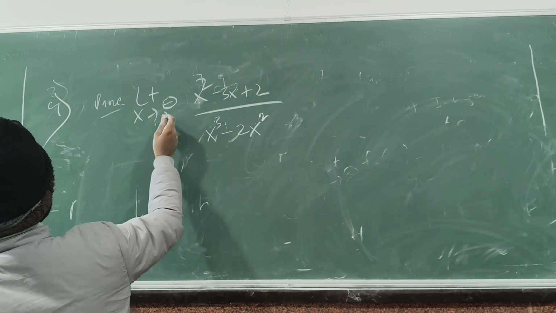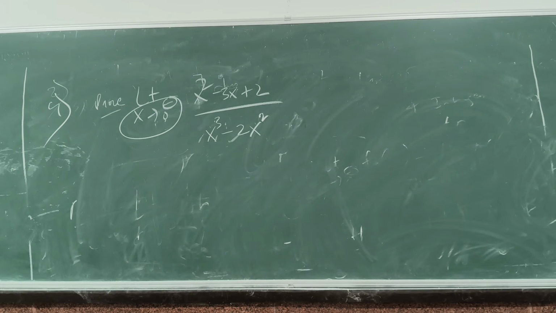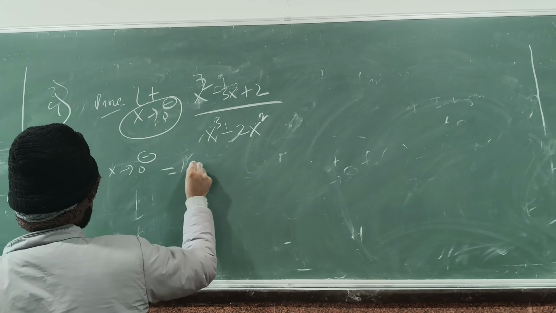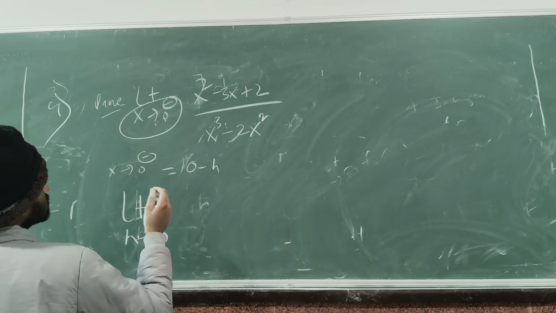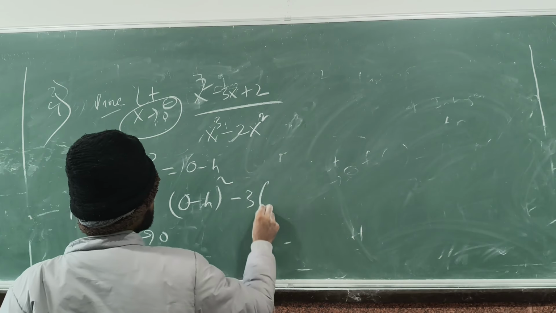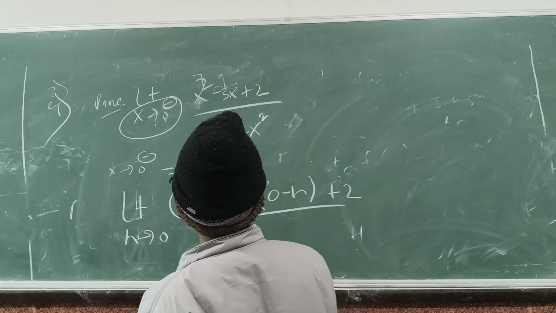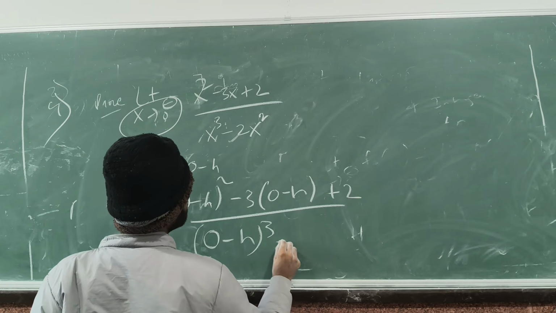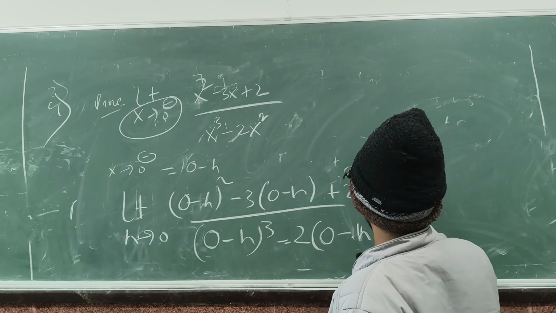Again, they ask just for 0 minus, so no need to find the right hand limit. We can write 0 minus as 0 minus h. So limit h tends to 0, f of 0 minus h, which is (0 minus h) whole square minus 3 into (0 minus h) plus 2, by (0 minus h) whole cube minus 2 into (0 minus h) whole square.